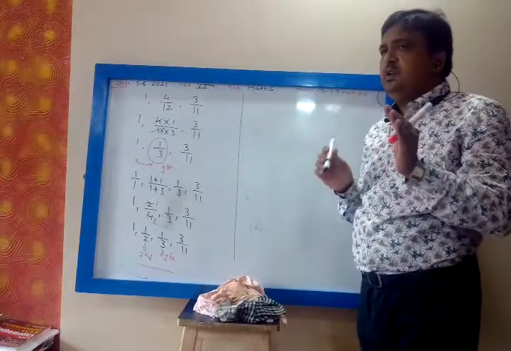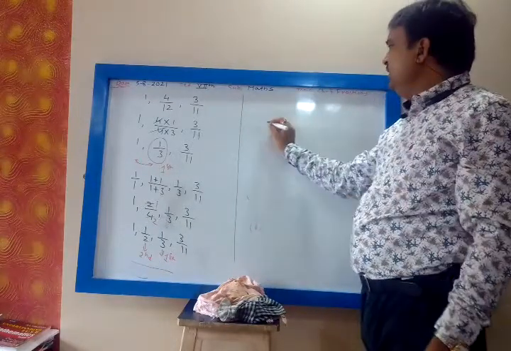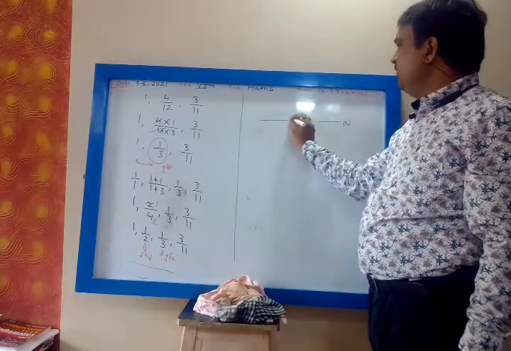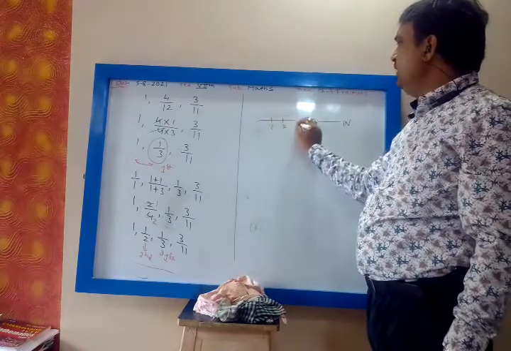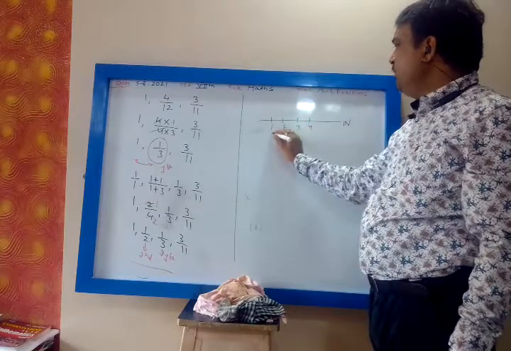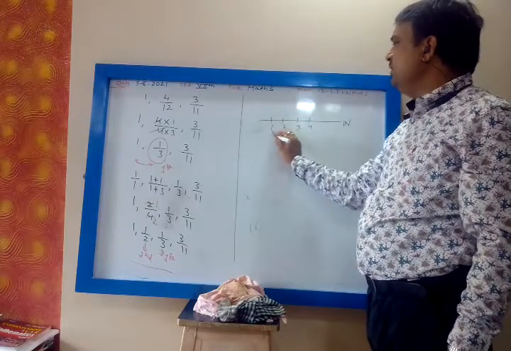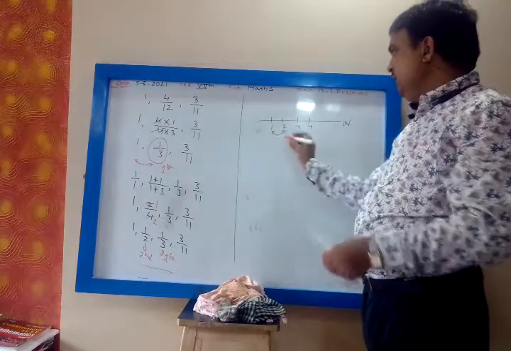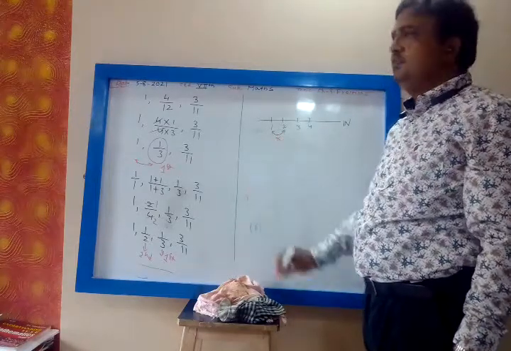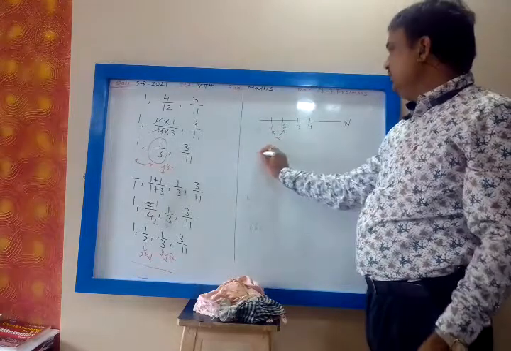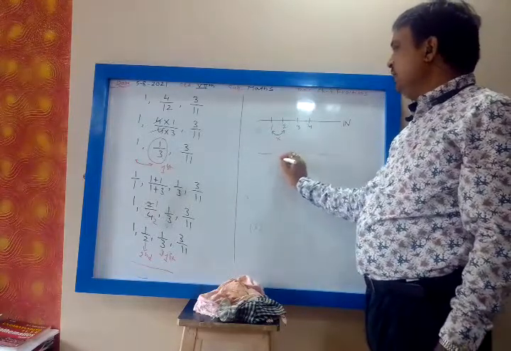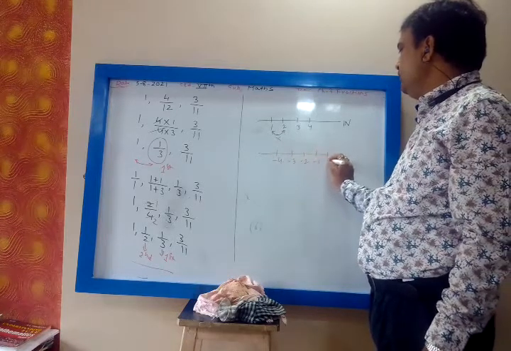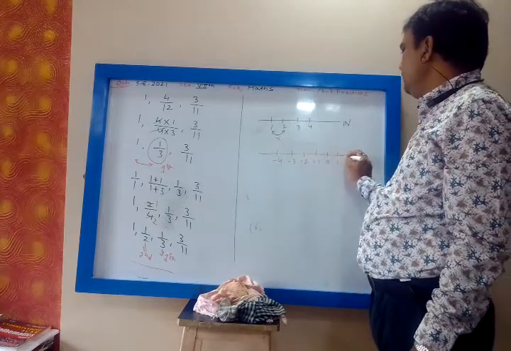So now my question is, you have seen the natural numbers 1, 2, 3, 4. Between two natural numbers, how many natural numbers are there? No, there is no natural number. Then we have seen integers: -4, -3, -2, -1, 0, 1, 2, 3.